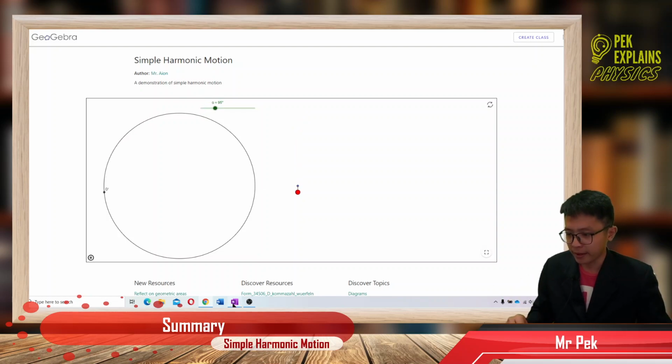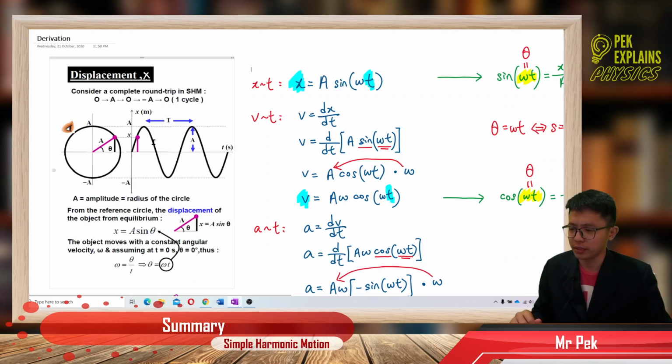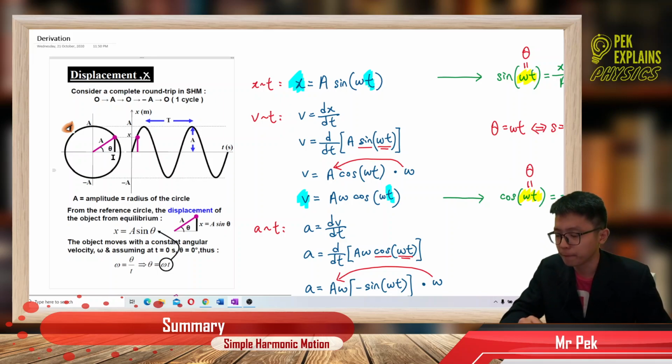And how do we actually get the sine graph or cosine graph? Look carefully. Now I want to start with displacement. You see this? This is a circular motion.